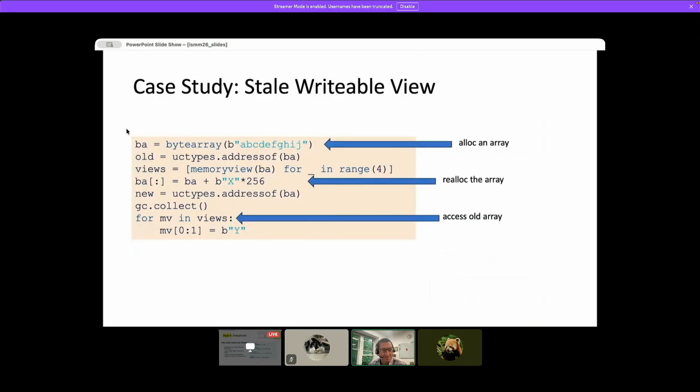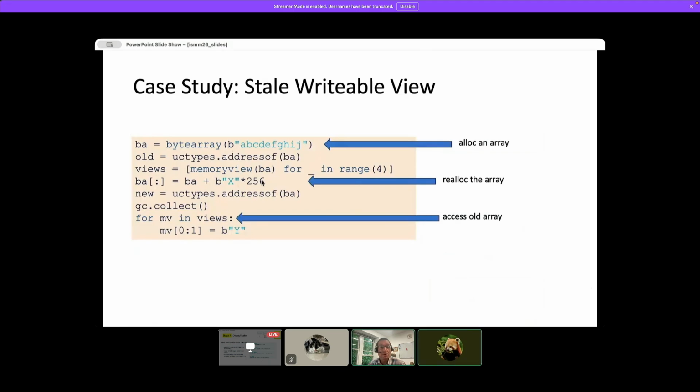So can I interpret this Python code in my head? Here's a byte array with some data in it. Then we take the address of the byte array, using the MicroPython ctypes interface. We take the address of this byte array, and then we get a memory view on the byte array.